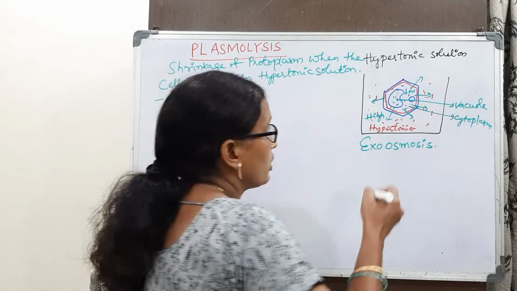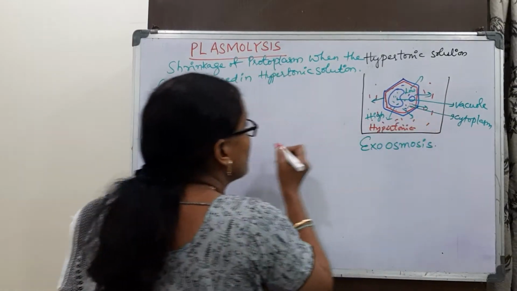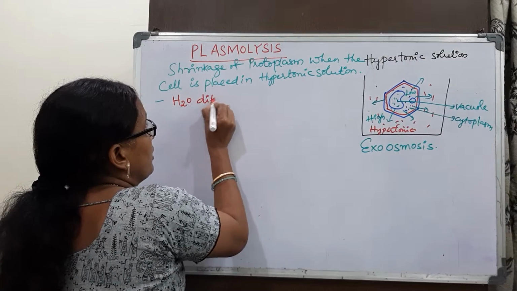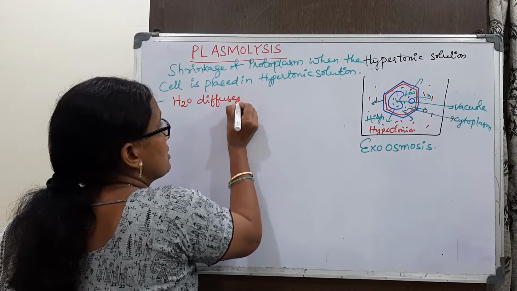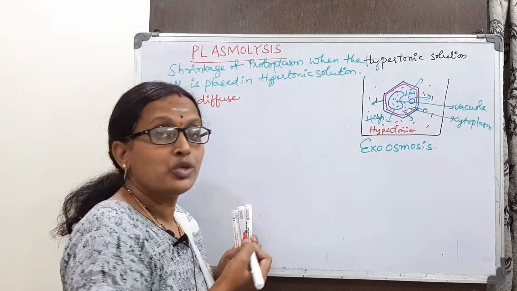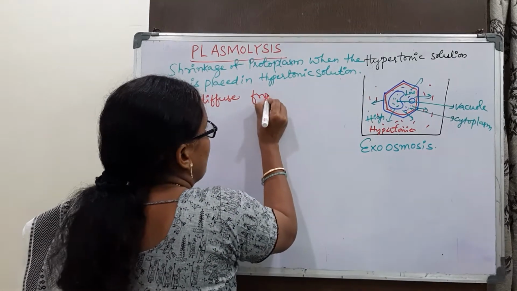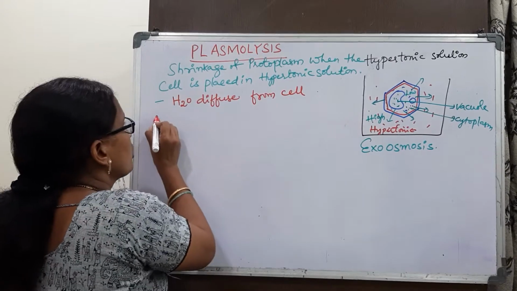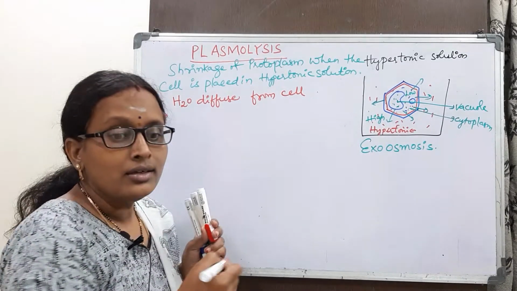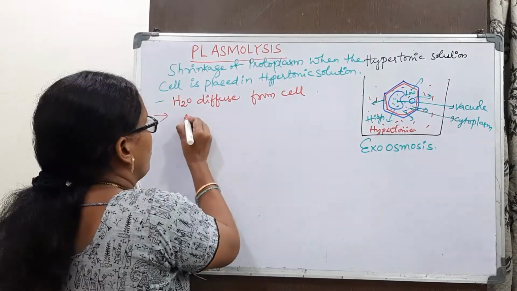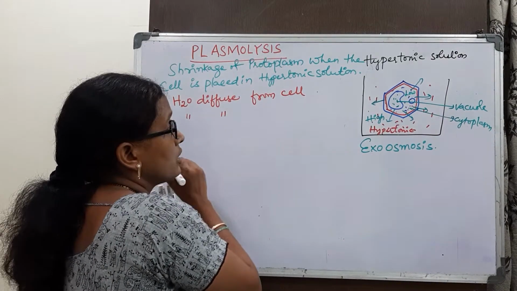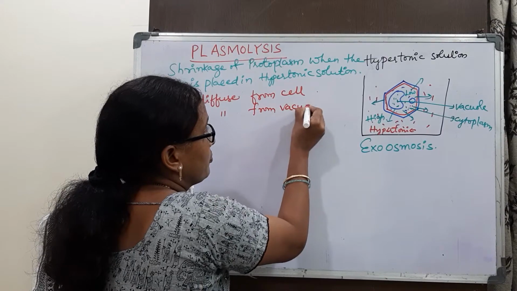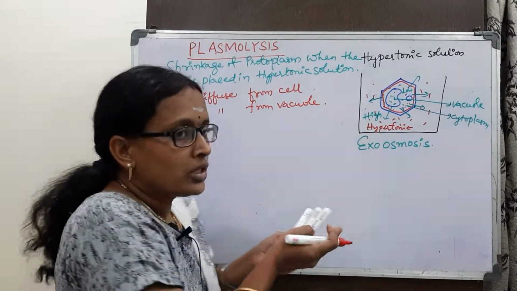Whatever water is there in the cell comes outside. From inside the cell, first water will come outside, then water diffuses from the vacuole.